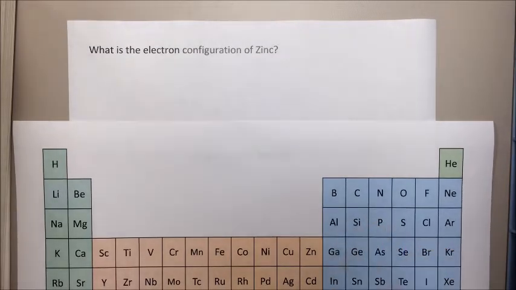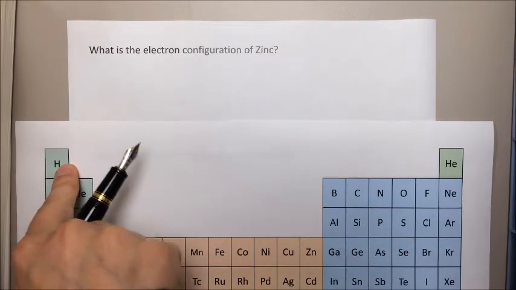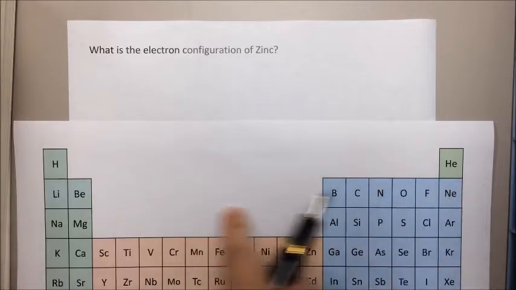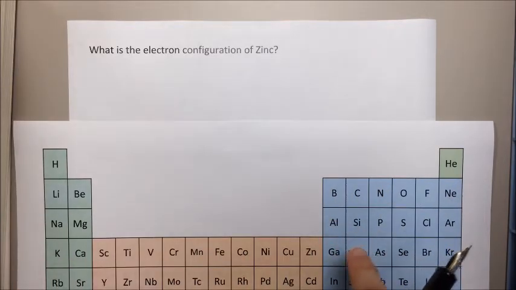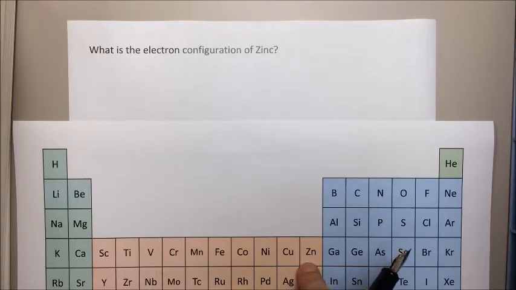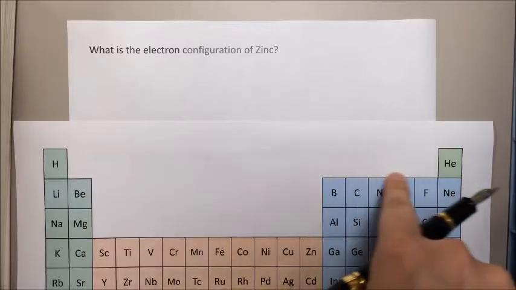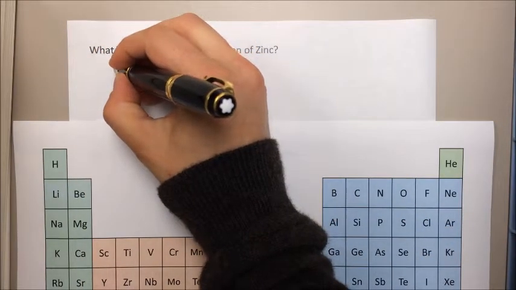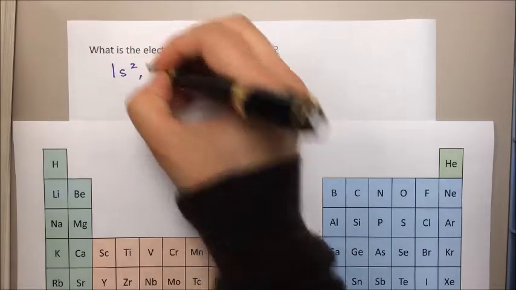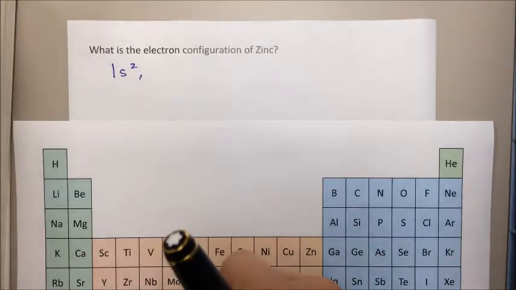To determine an electron configuration, you start up at hydrogen and you work your way across the periods of the periodic table until you get to the element in question, filling in the orbitals as you go. Zinc is here. So we start at hydrogen, we fill the 1s orbital, so it's got 1s2 because there's 2 electrons in that full orbital.